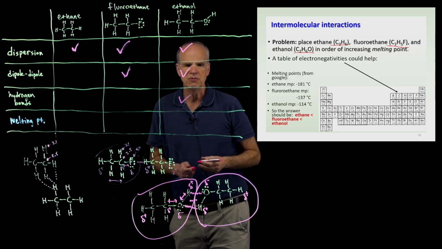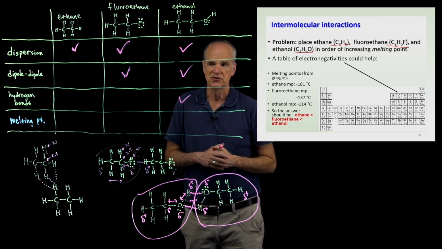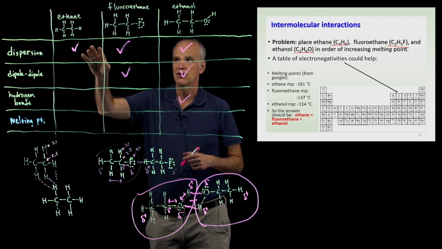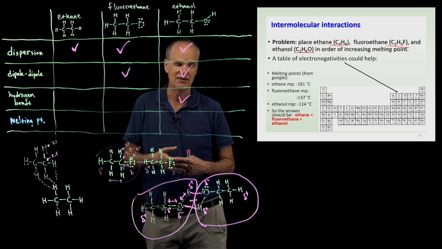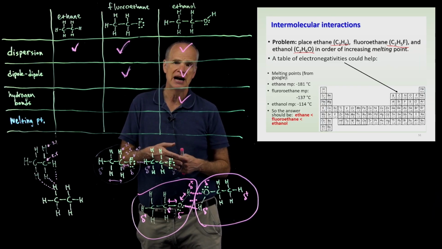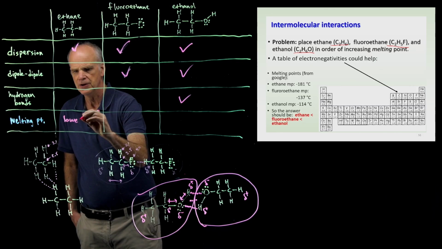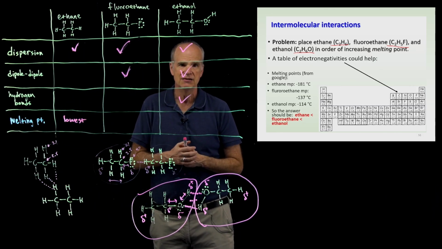Okay. So at this point, we can order these molecules in terms of increasing melting point. Small molecules that are nonpolar like ethane only have dispersion forces. If they're small, there are not a lot of them, and so you don't need much heat to break up those interactions. So this will have the lowest melting point. Now we have fluoroethane.